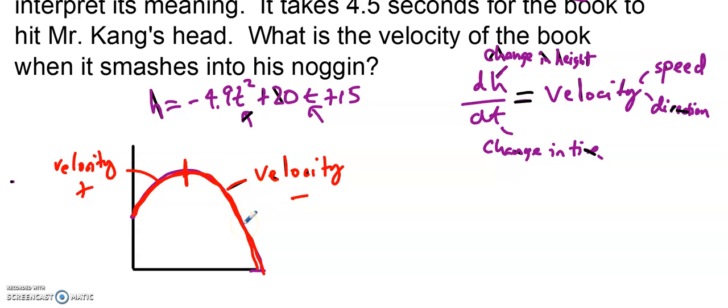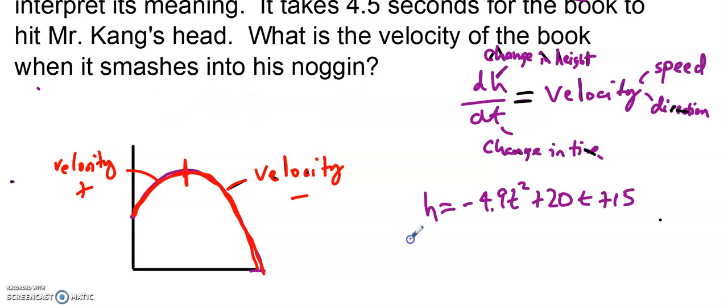Okay, so with that being said, I have to take this equation now, h equals negative 4.9t squared plus 20t plus 15, and I need to take its derivative to find the dh dt. So the derivative, dh dt, would equal, using the power rule, 2 comes down and multiplies by negative 4.9, so I get negative 9.8t, because you subtract 1 from the exponent, plus 20 has t to the first, 1 comes down, 1 times 20 is 20, and t to the 0 becomes 1, so it's just 20, and the derivative of 15 is just 0.